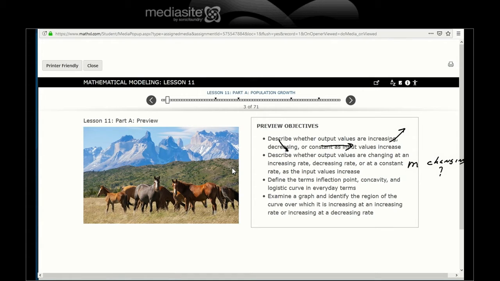Define the terms inflection point, concavity, and logistic curve, and examine a graph and identify the region of the curve over which it is increasing at an increasing rate or increasing at a decreasing rate. Increasing at an increasing rate, that's basically this part, or increasing at a decreasing rate, that's basically this part.